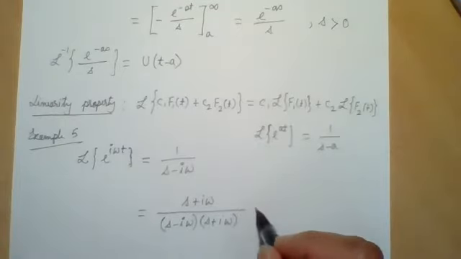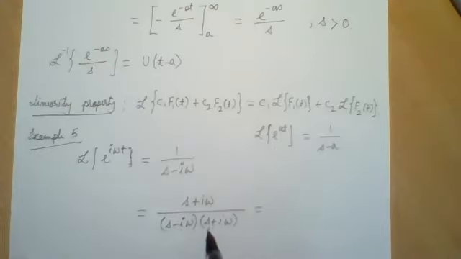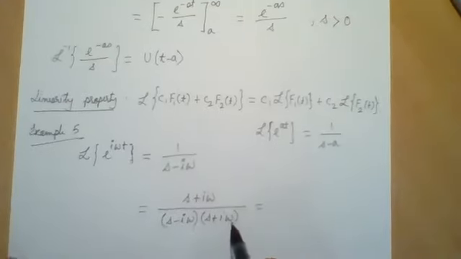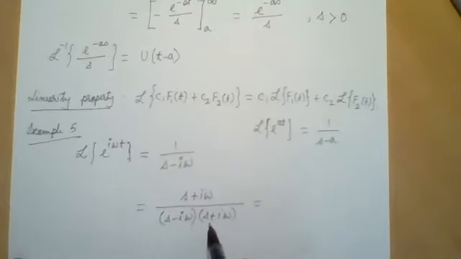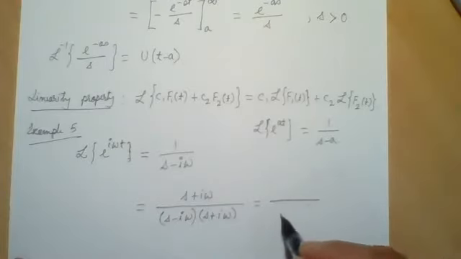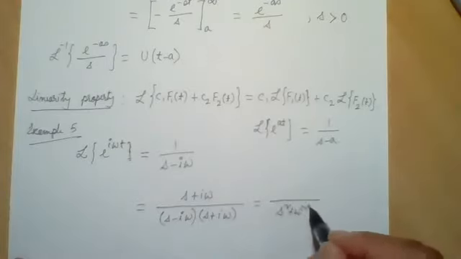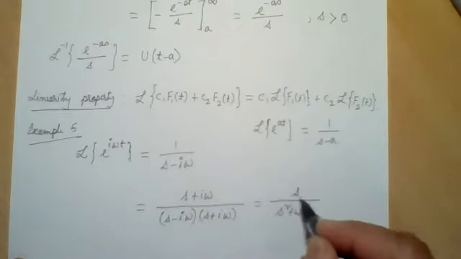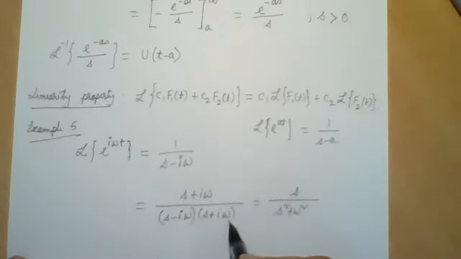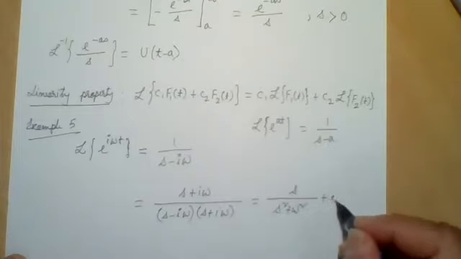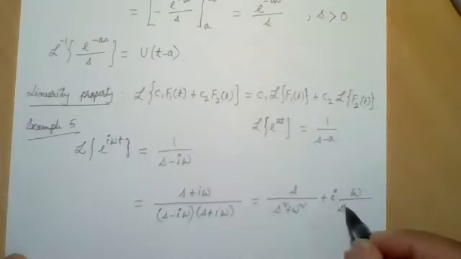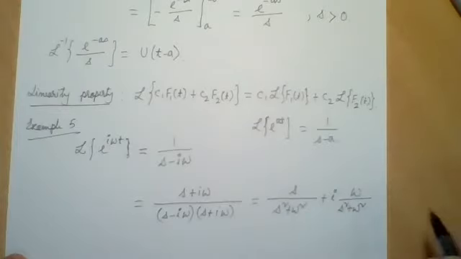This would be the square of the modulus of the complex number, so this is s square plus omega square. This is s divided by s square plus omega square plus I times omega divided by s square plus omega square. We can call this equation number 1.